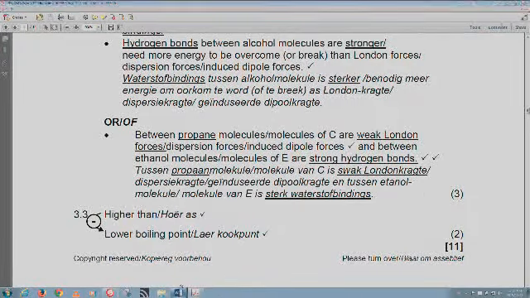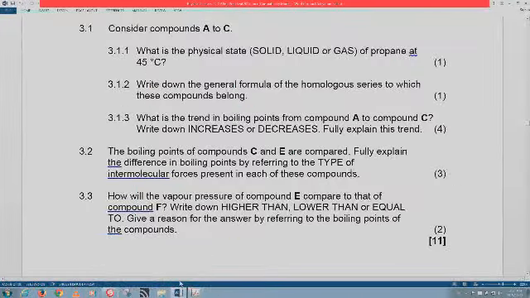And then 3.3 there. How will the vapor pressure of compound E compare to that of compound F? Write down higher than, lower than, or equal to, and then give a reason for the answer by referring to the boiling points of the compounds.